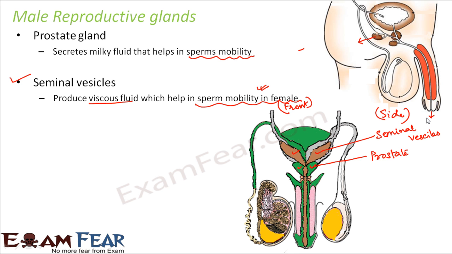During its movement inside the female body, again it needs some fluid. At that time the seminal vesicles produce a viscous fluid which will enter the body of the female along with the sperms. So when the penis is inserted into the female body, what it ejaculates is not only the sperms but also the viscous fluid secreted by the seminal vesicles.